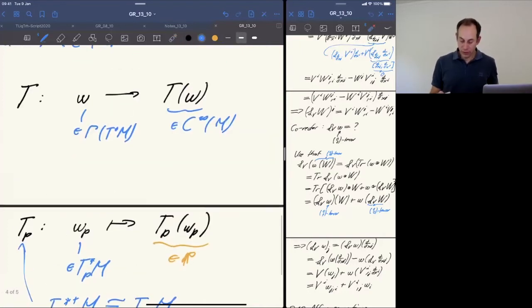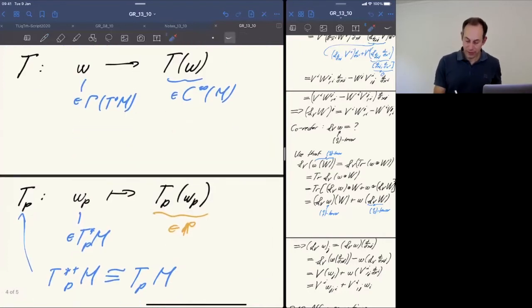Now you should really think of this as corresponding to a vector field in terms of the same duality relation. If I evaluate it at the point P, it corresponds to this. So if I go from this to a particular point, I'm here.